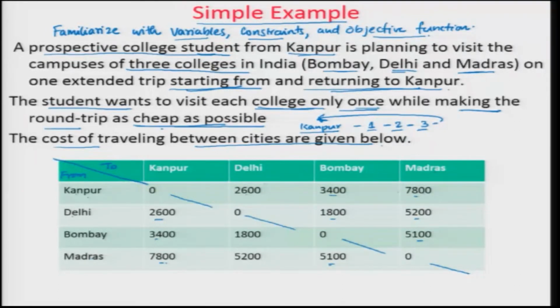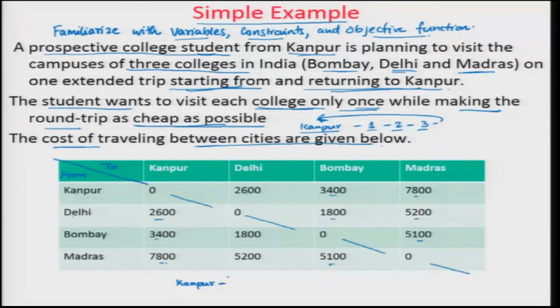So you want to reduce the cost of travel as much as possible, and the cost of travel between the cities is given in a matrix, a from-to matrix. The upper part of the matrix tells the cost of traveling from one city to another, and the lower part of the matrix tells you the cost of traveling in the reverse direction.